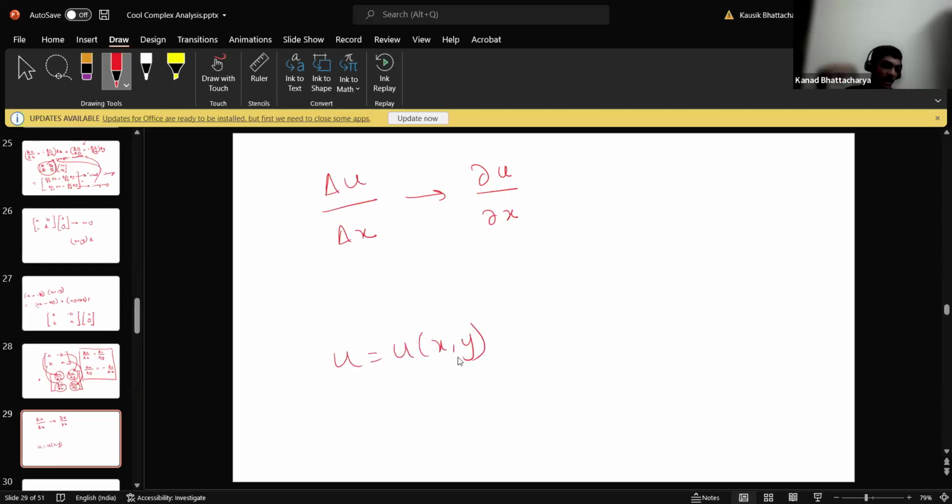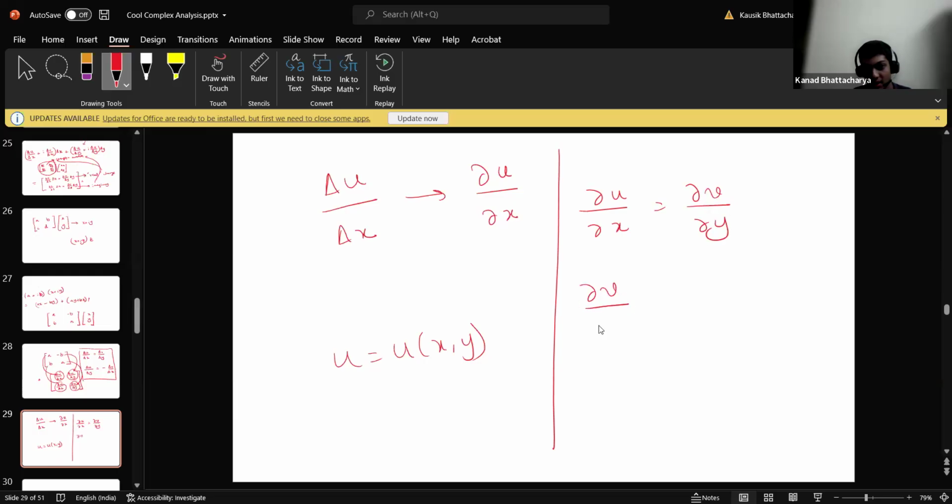When we write this, we really mean the change in u due to the change in x, not any change in y. So x and y are independent, and we are seeing how u changes as we change x while keeping y fixed. So if we do that, we get these equations.